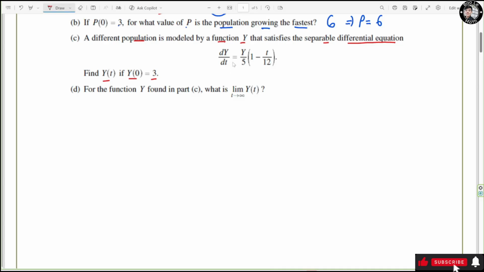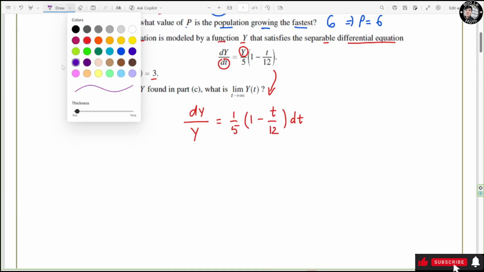Now to solve for y of t, we need to separate the variables by multiplying both sides by dt and dividing both sides by y. So this becomes dy over y equals 1 over 5 times 1 minus t over 12 times dt. And then we're gonna integrate both sides.